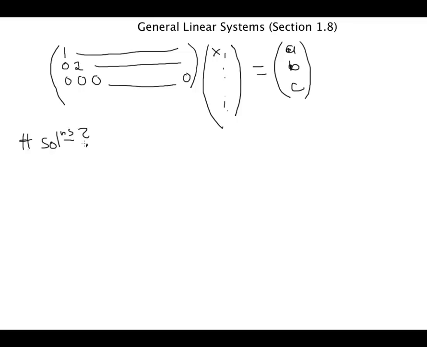And the question of whether it has any at all has to do with the rows of zeros. In this case, there's a single row of zeros, which corresponds to this C. And if C is not equal to 0, there are no solutions, because the equation says 0 times something is equal to C. And if C is equal to 0, then the number of solutions is this number of free variables.